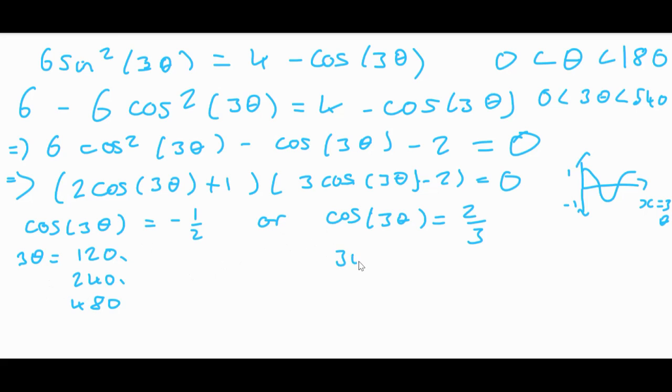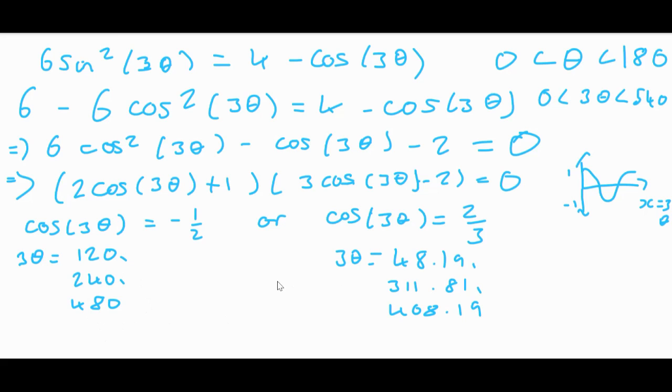And solving the other equation gives 3 theta equal to 48.19. This isn't all the decimal places, but the question will often tell you how many significant figures or decimal places to write your answers to. So we'll just go for 2 decimal places.